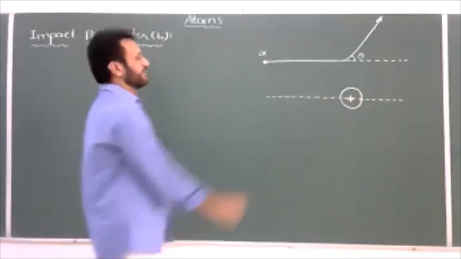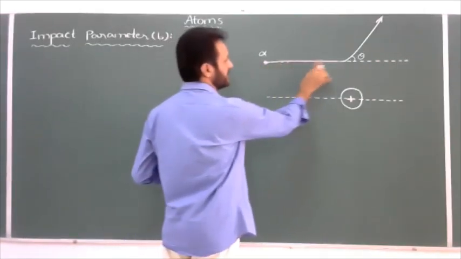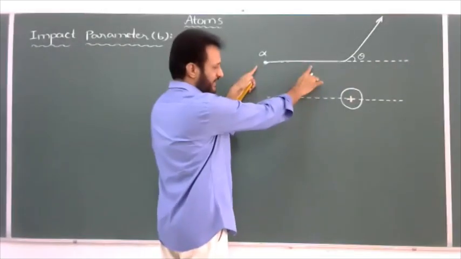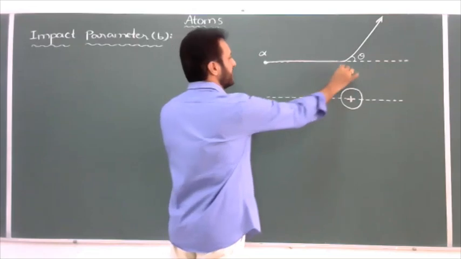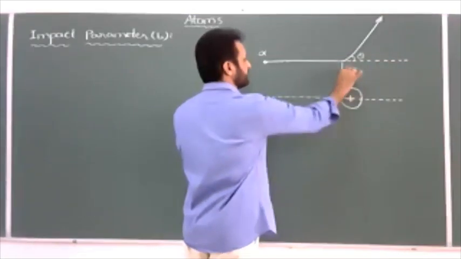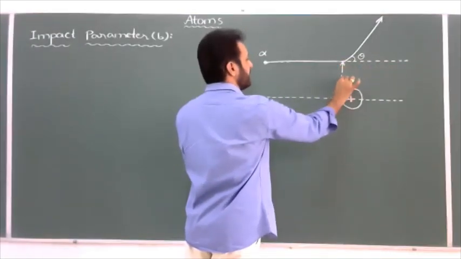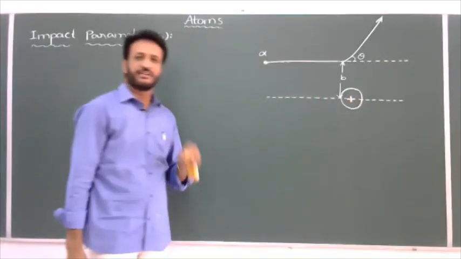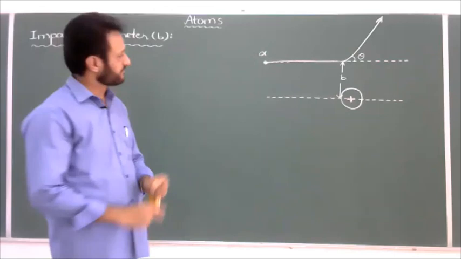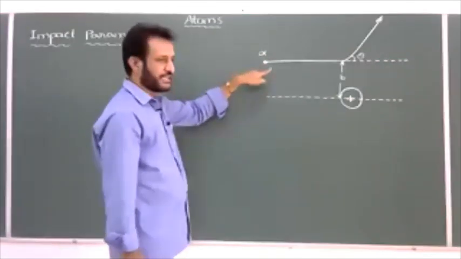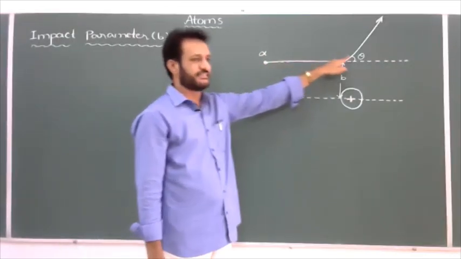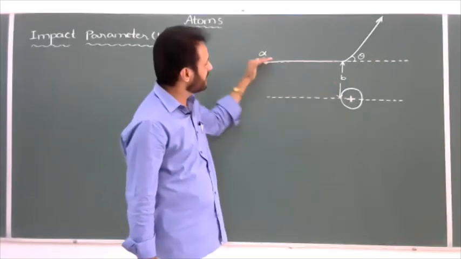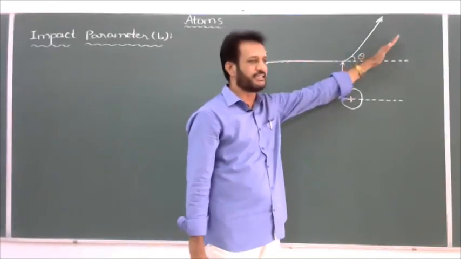Now whenever the alpha particle is moving along this path, between the initial velocity vector of the alpha particle and the center of the nucleus, there is some perpendicular distance. This perpendicular distance is called the impact parameter. When we send an alpha particle closer to the nucleus in a straight path like this, because of the repulsive force, the alpha particle is scattered with some angle theta.